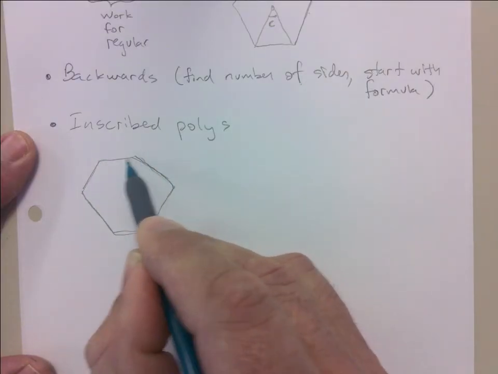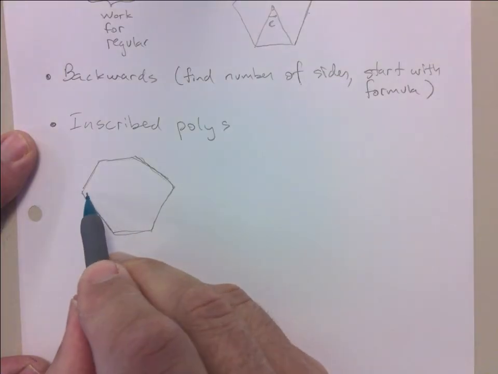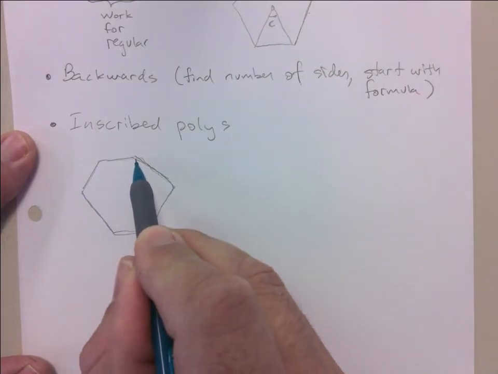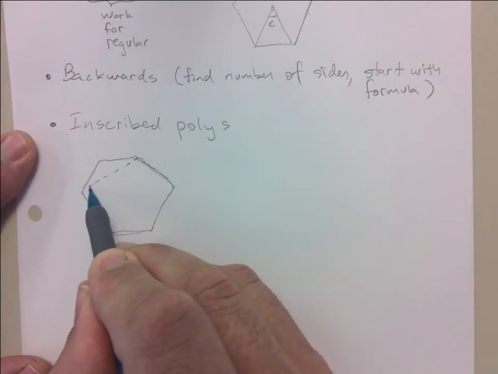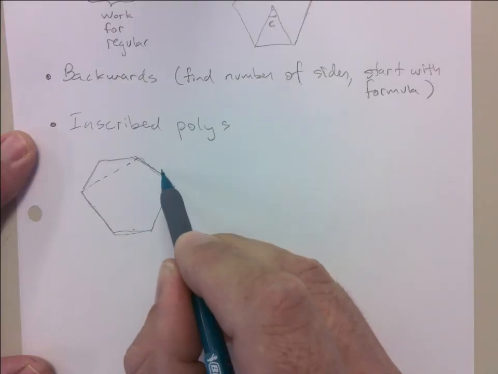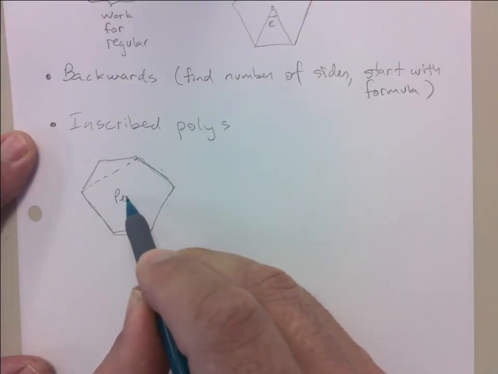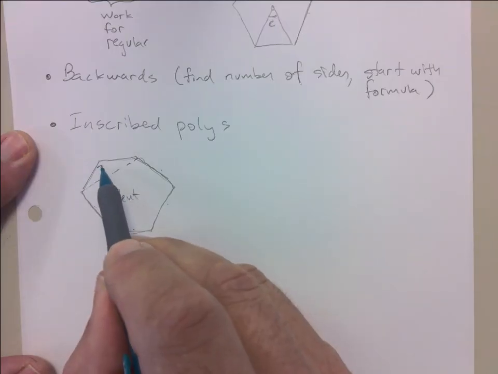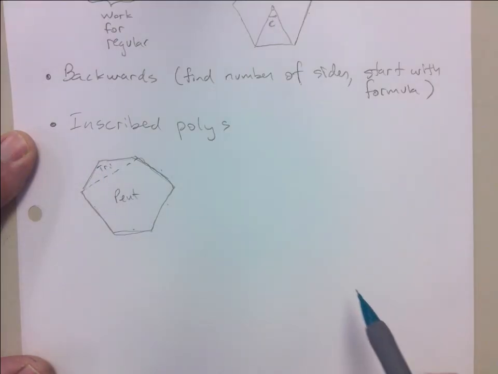Anyways. If you have a diagonal here, then this is what? 1, 2, 3, 4, 5. This is a pentagon. And this is a triangle up here, okay?